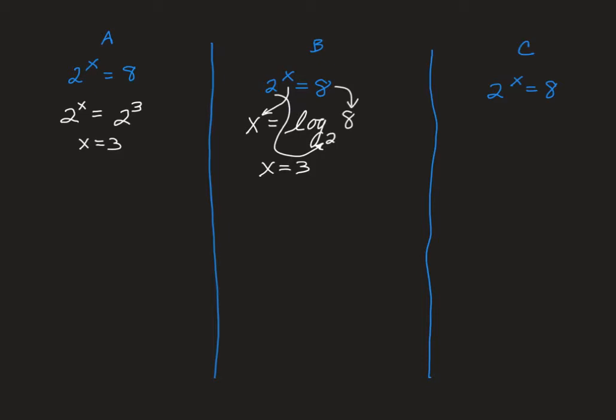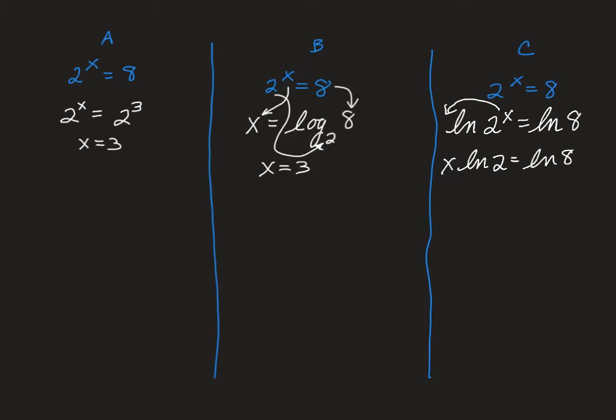The third way to solve this equation is to take the natural log of both sides. I'm doing unto one side as I do unto the other. So I take the natural log of both sides, and because of the power rule, I can bring that exponent out front, making it an x exponent.